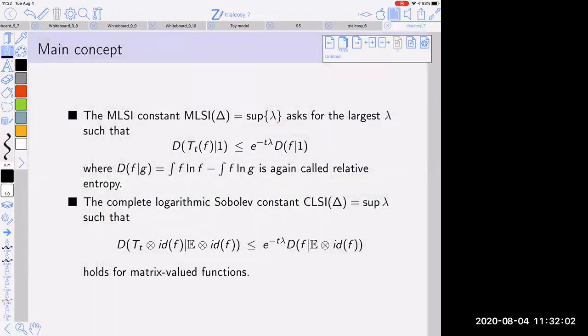So the main concept of this talk is what is called the modified logarithmic Sobolev constant. And that again has turned out to be a fruitful concept, a priori for no reason except that it works. So the return time here is defined differently. We look at the relative entropy of T_t of f.